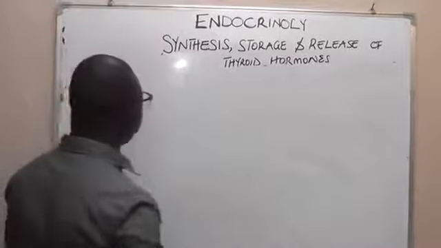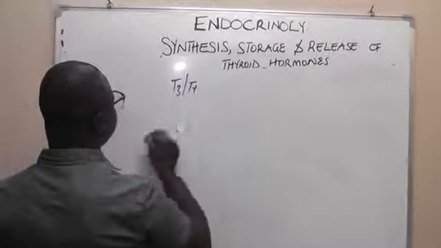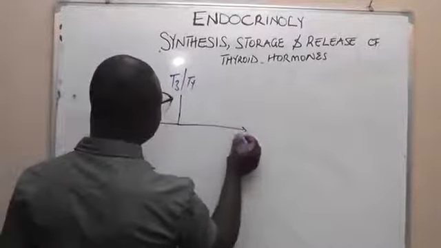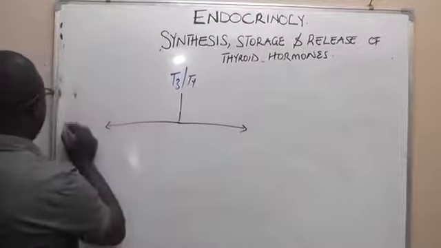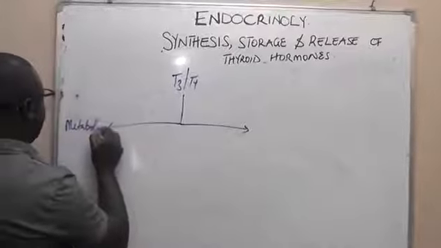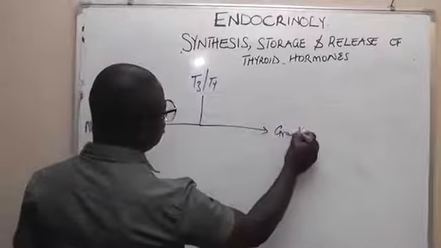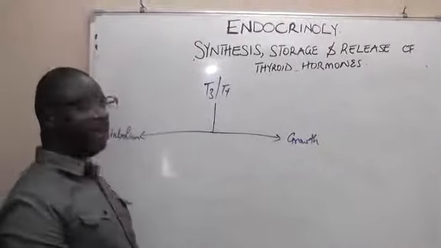So for the function of T3 and T4, I will divide it basically into two parts. Okay, so this aspect I will talk about metabolism. Then here I'll talk about growth. Okay, so these are the two major functions of T3 and T4.